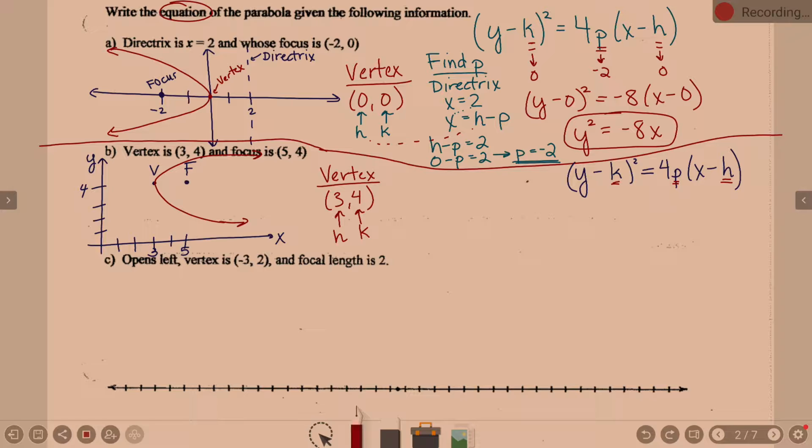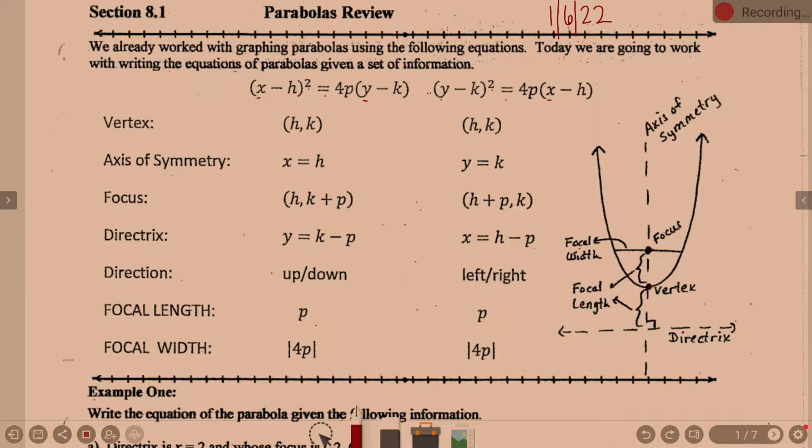Which, by the way, before we drew the picture, did some of you have this pinpointed as a sideways parabola? Let me address that just real quick. If I go back to this chart, knowing that my vertex was 3, 4 and my focus was 5, 4, how does that help me know?